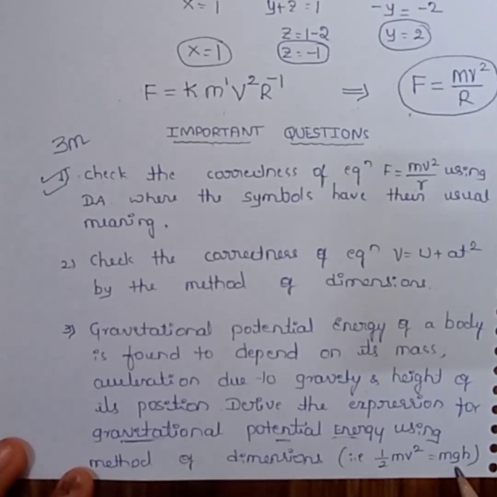How we have to derive this one? We know the energy dimensional formula, just apply it, and we know the dimensional formula for mass, acceleration due to gravity, and height of the particle, that one is L. Just applying all the terms and equating LHS and RHS parts, we will get the values of certain quantities, and then finally we will get the final expression, gravitational potential energy equals mgh.